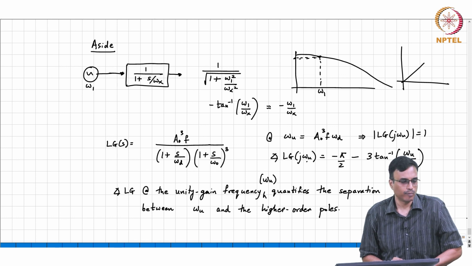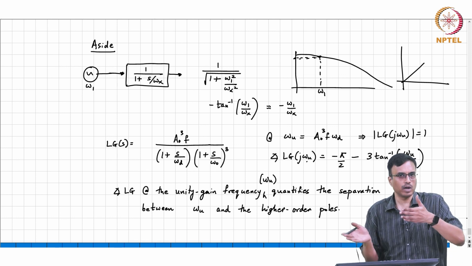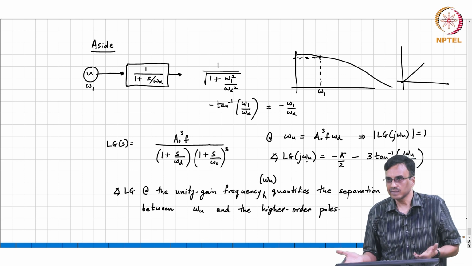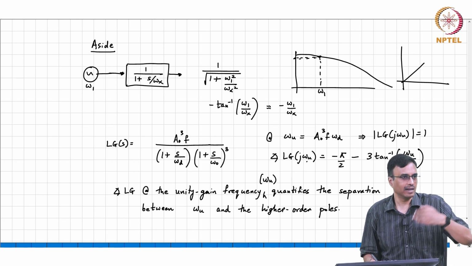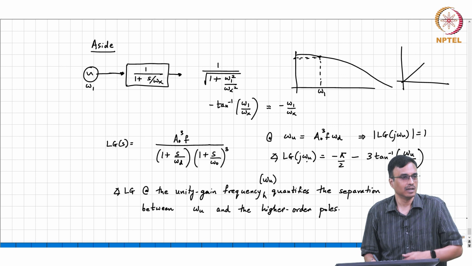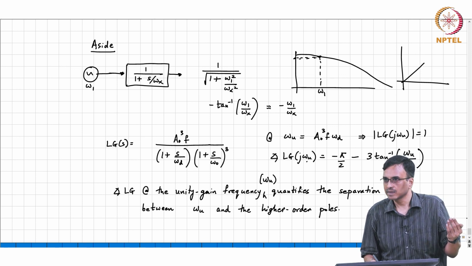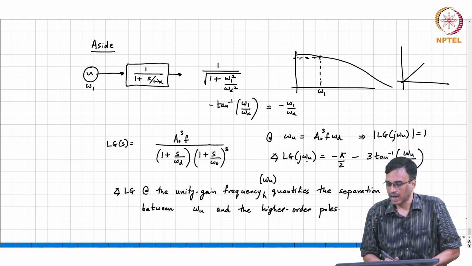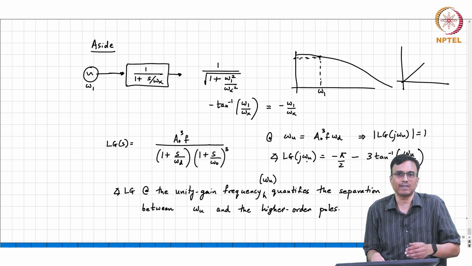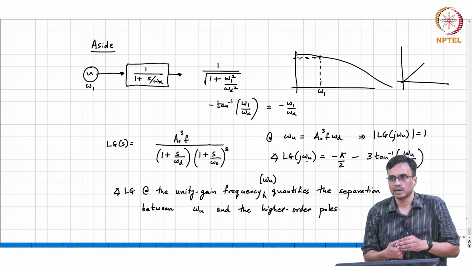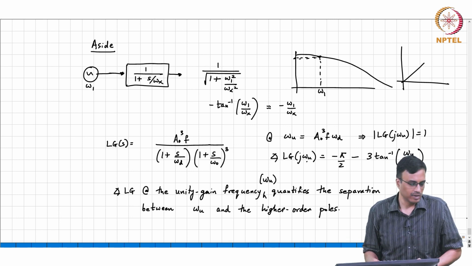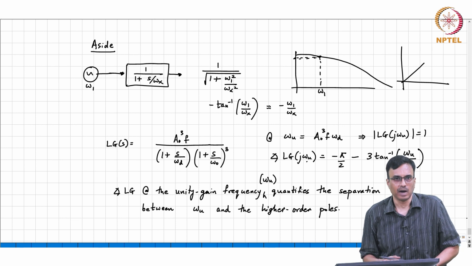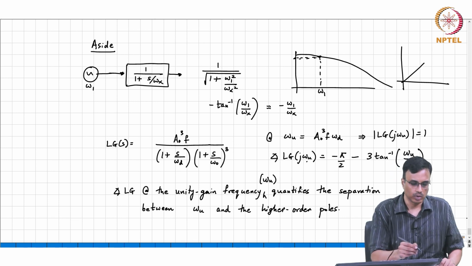For a true first order system, that difference would be how much? 90 degrees, because 180 degrees phase lag is the danger mark and the first order system will give you a phase lag of 90 degrees. So, the difference is 90. Now, if you have extra higher order poles, what comment can we make about that difference? It will be less than 90. So, that is what is called the phase margin. Okay. So, we will continue in the next class.